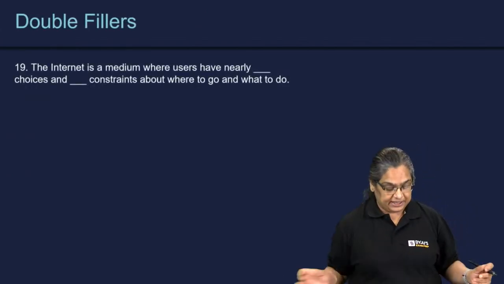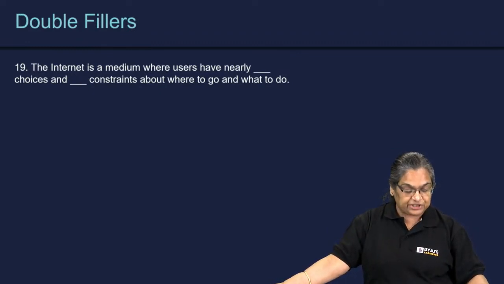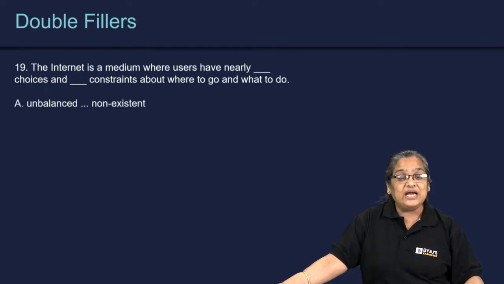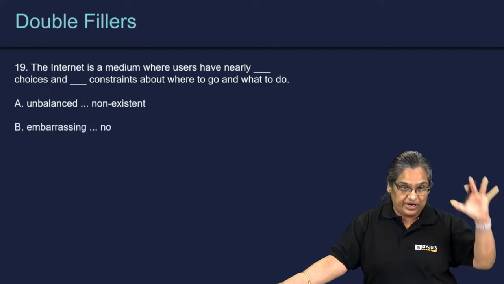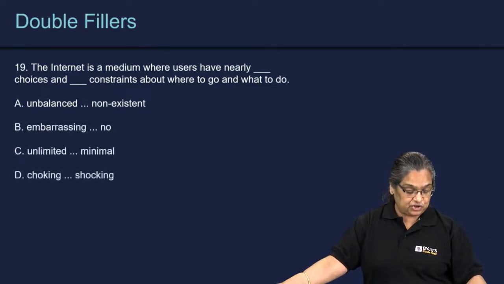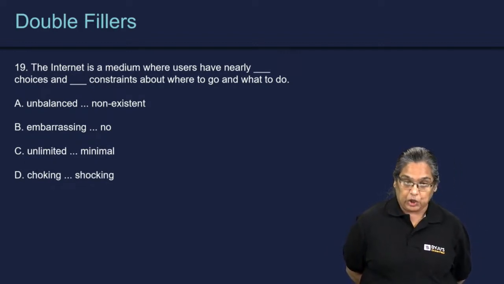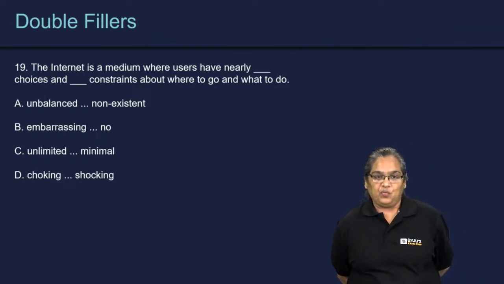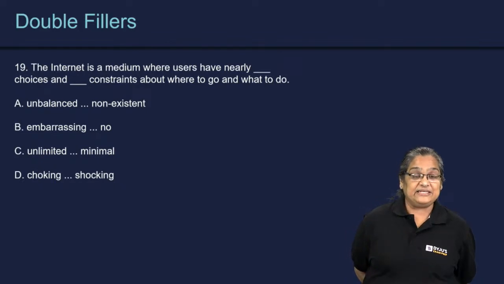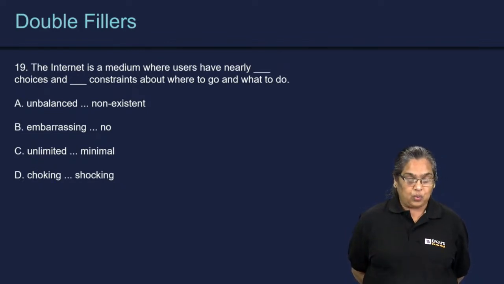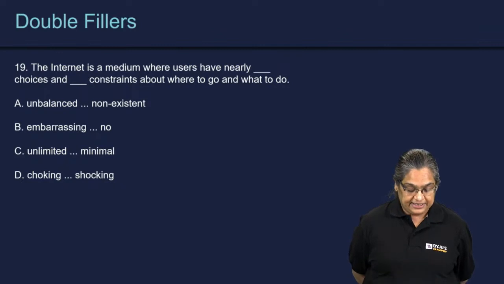The internet is a medium where users have nearly dash choices and dash constraints about where to go and what to do. Think of what the internet does to us in terms of choices and constraints or restraints, something that stops you. What are the words that work best? Unbalanced, non-existent, embarrassing, no, unlimited, minimal, or choking, shocking. Which words would complete the sentence meaningfully about what kind of medium the internet is?